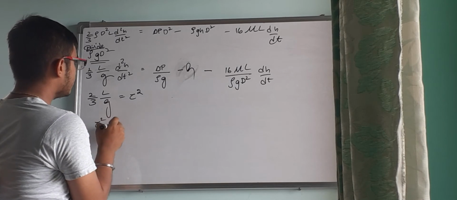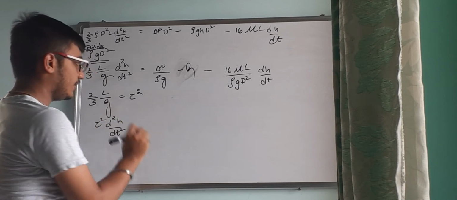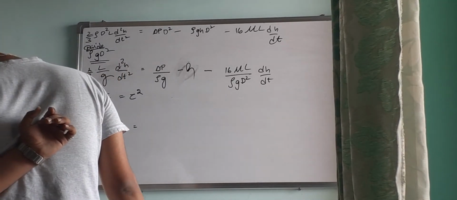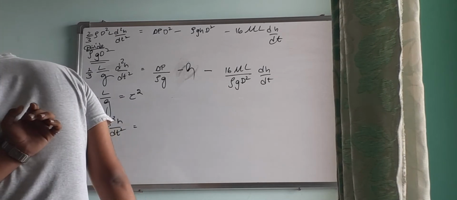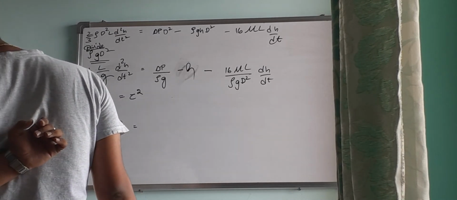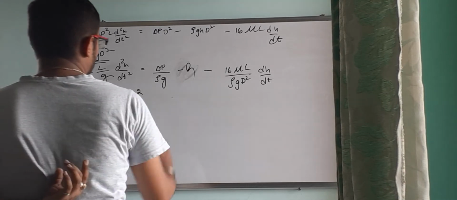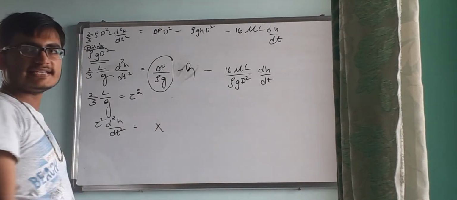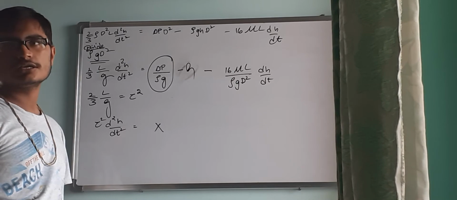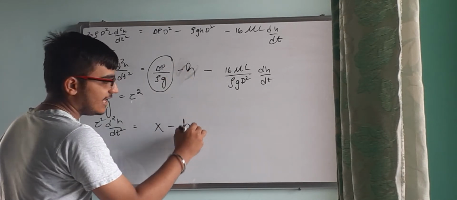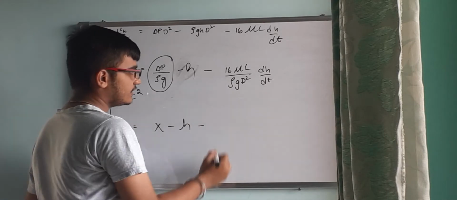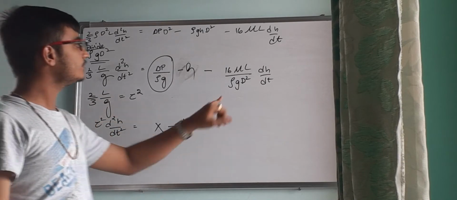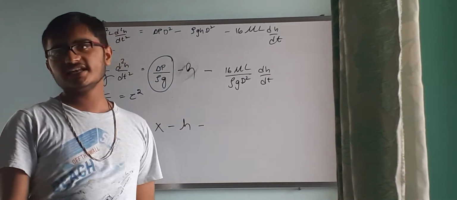So tau square d square h by dt square is equal to delta p by rho g, which we will take as some function x, minus h as usual, minus... you have taken 2L by 3g as tau square.